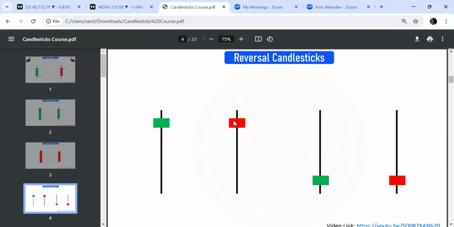And when the market is going in an upward direction and a hanging man forms, then it indicates a reversal to the downside. And if the shooting star forms when the market is going in an upward direction, then it indicates a reversal to the downside. And when the inverted hammer forms when the market is in a downward direction, it indicates a reversal to the upside.